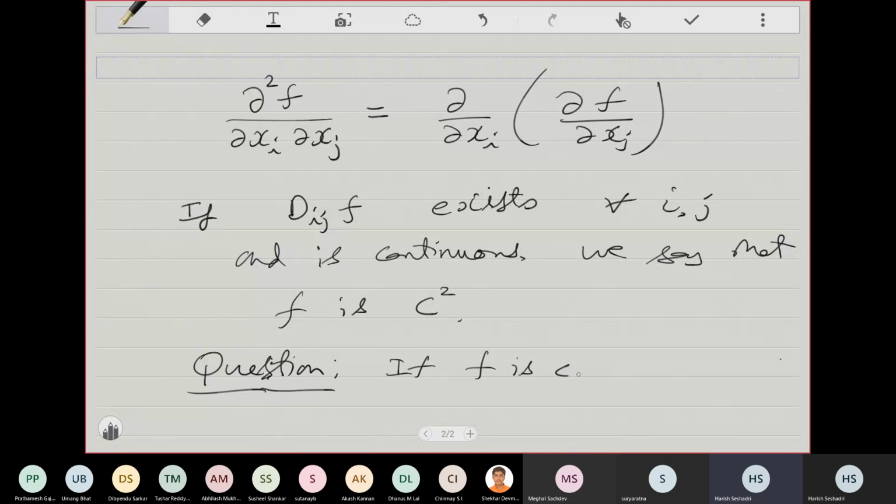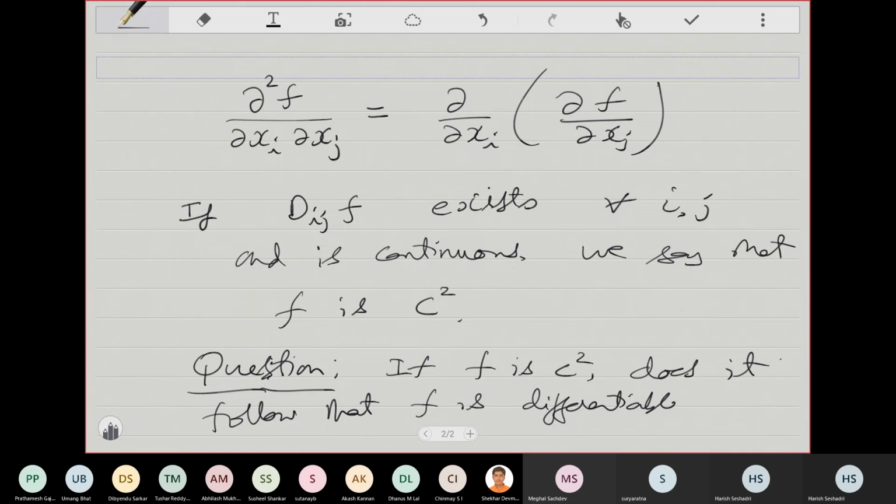If f is C2, does it follow that f is differentiable in the linear transformation sense?